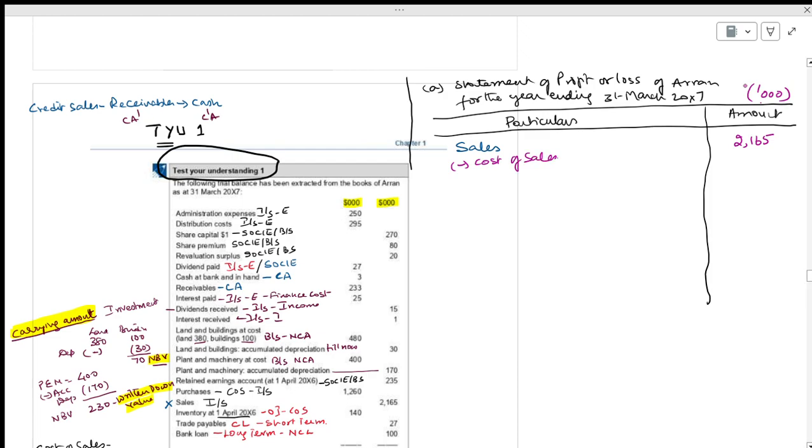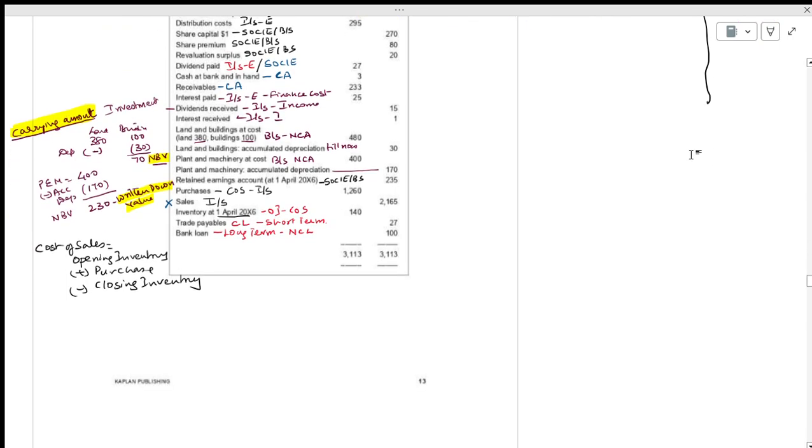There are so many things attached to cost of sales. This is working one, cost of sales. I will put everything here; you write in your own way.